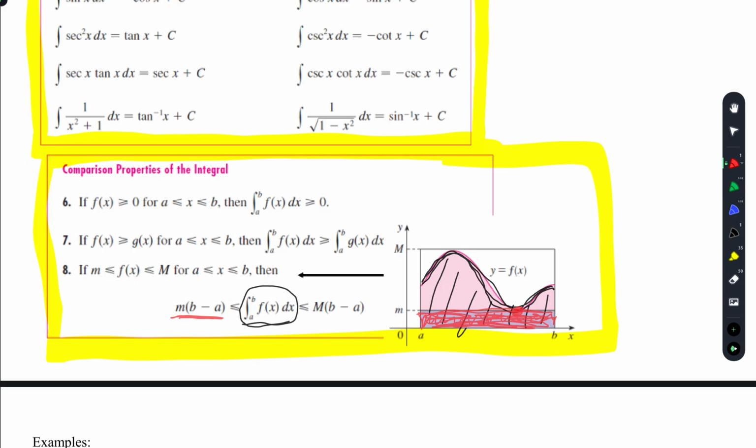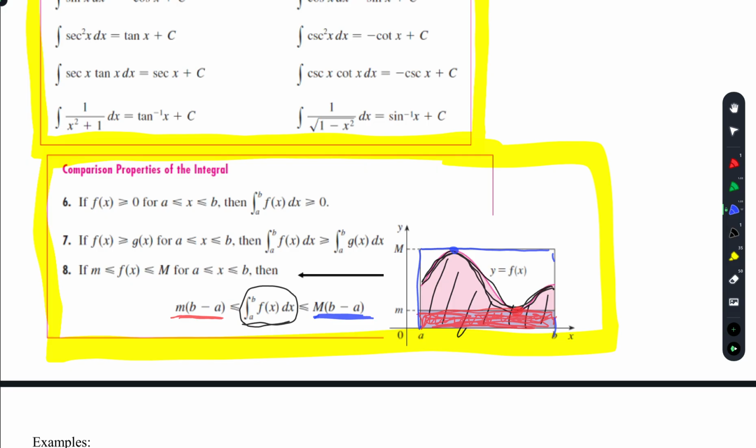And on the other side, that's this capital M business. If I took the highest point on the curve and found the area under that giant rectangle using that whole interval, I know the area under this curvy guy is for sure going to be less than that. So you use the comparison property for major ballpark areas. Given data points, for example, it's useful to know that it's never going to get above a certain amount or below a certain amount.